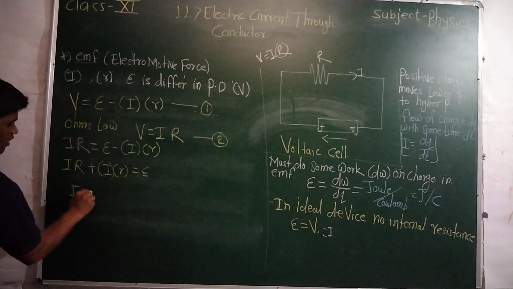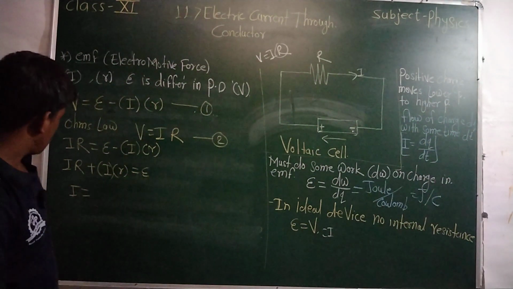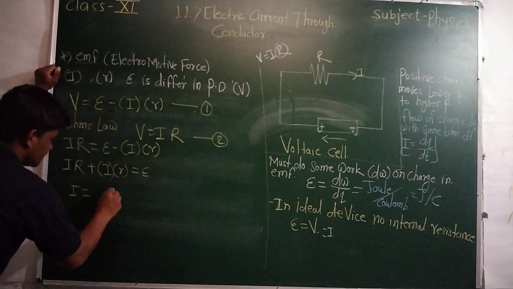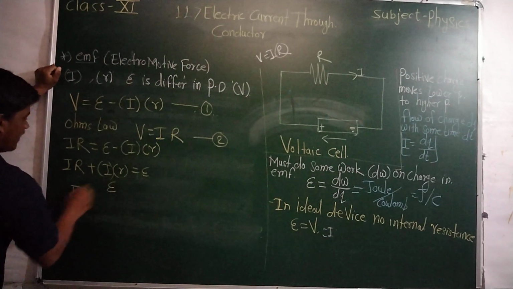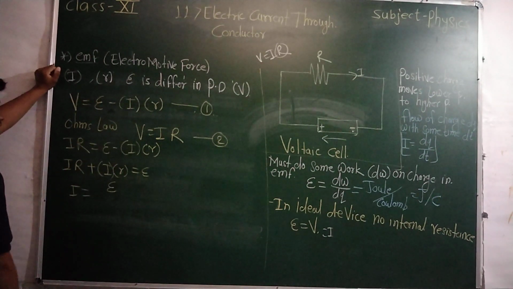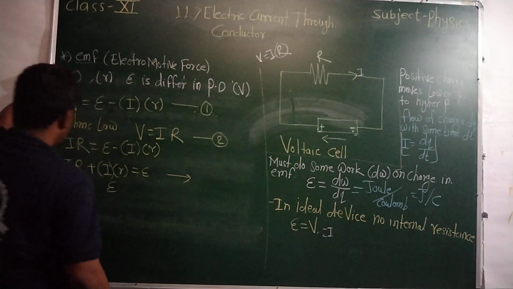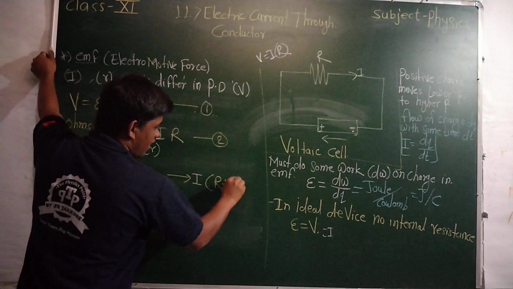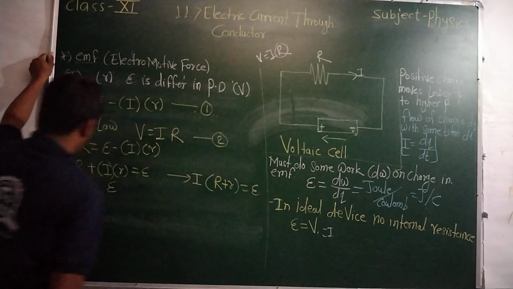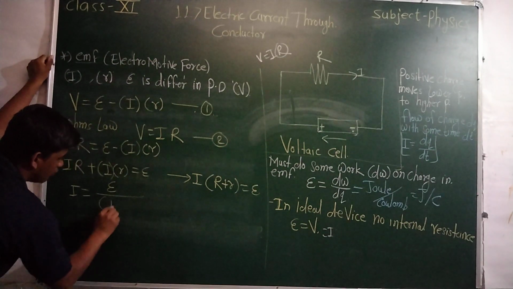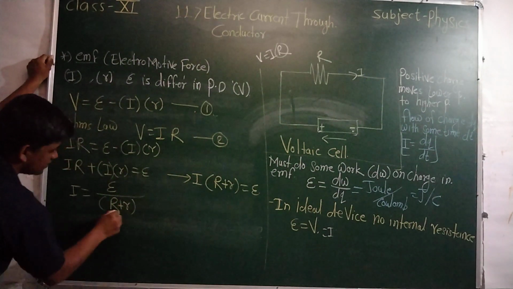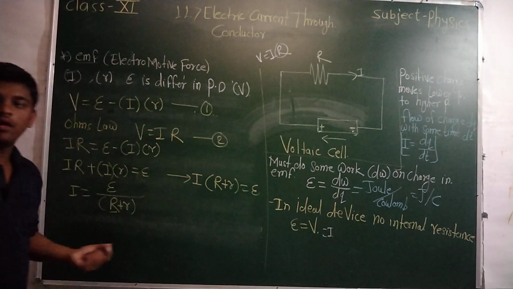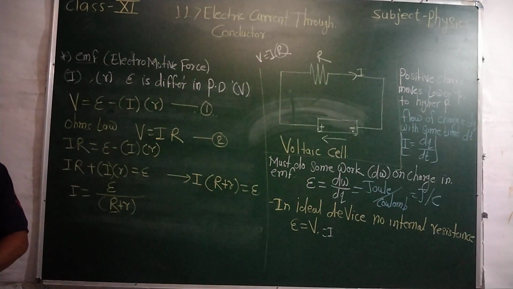Then I is equal to epsilon divided by (R plus r), where R is the resistance and small r is the internal resistance.